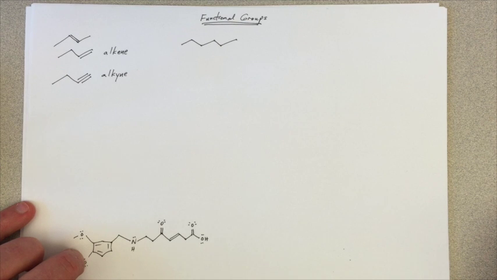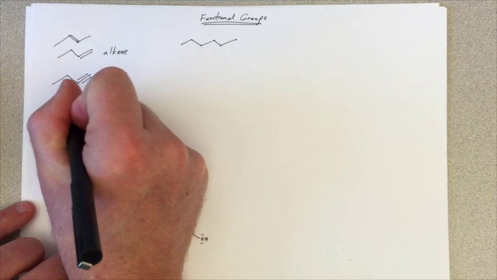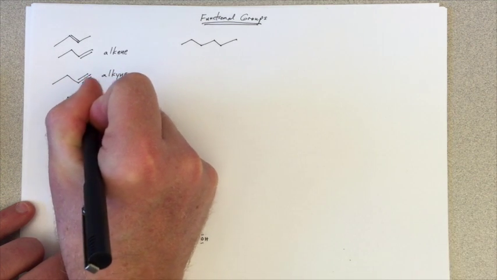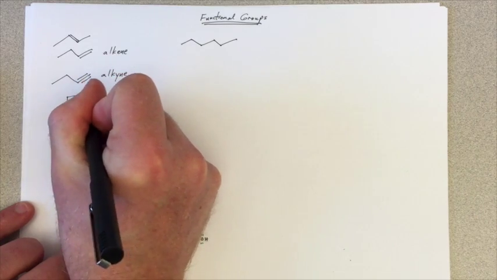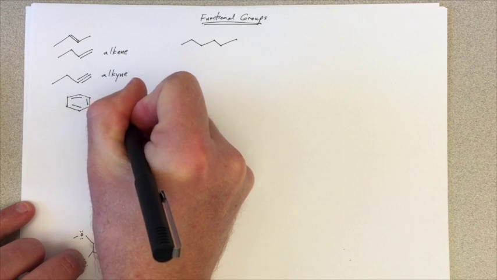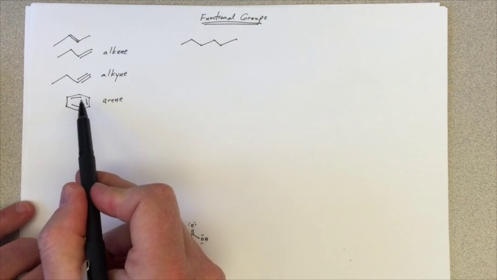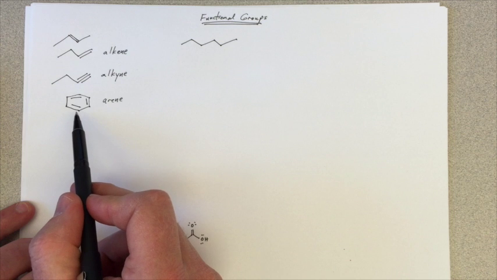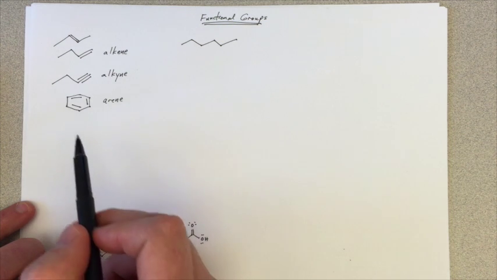Now there's another type of functional group that involves double bonds within a carbon chain, and this one's very special. We call this an arene ring. This molecule is benzene, and it has an arene ring in it. Actually, it just is an arene ring.